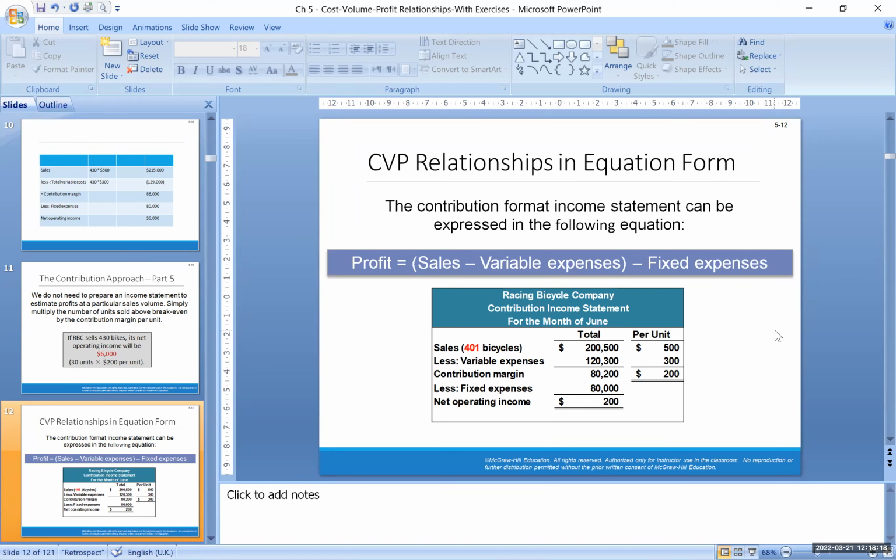Okay, it is the same as the income statement. If you look and compare the profit, which is sales minus variable expenses minus the fixed expenses, or total fixed expenses.